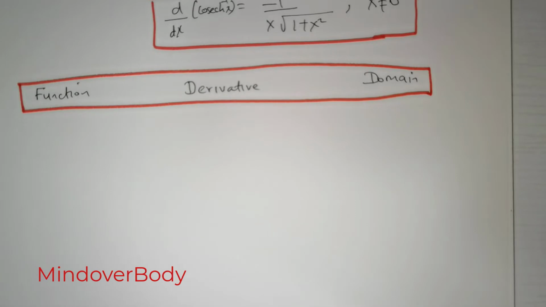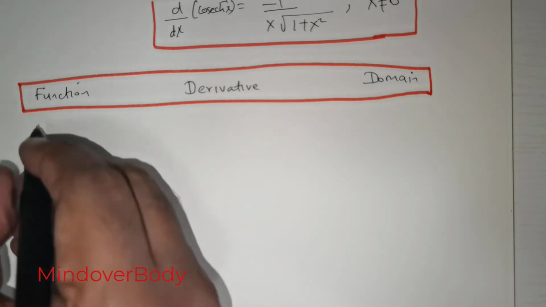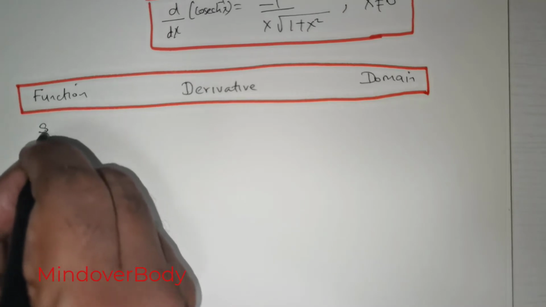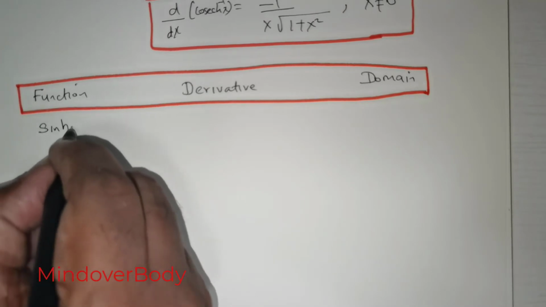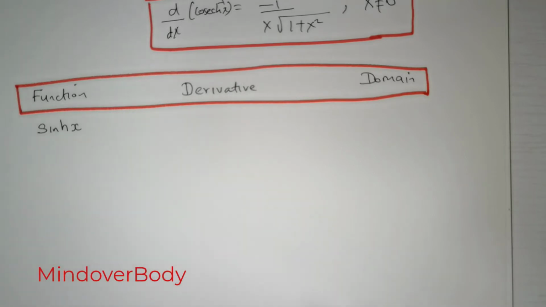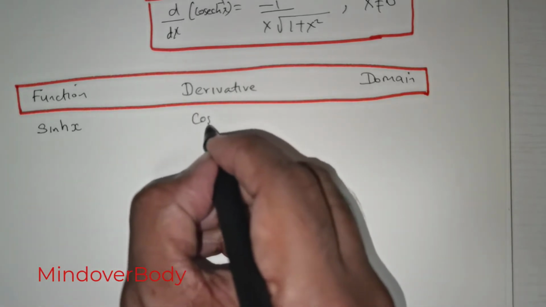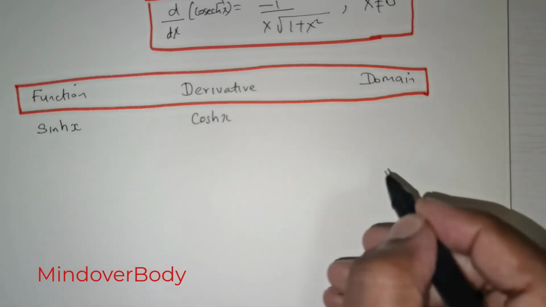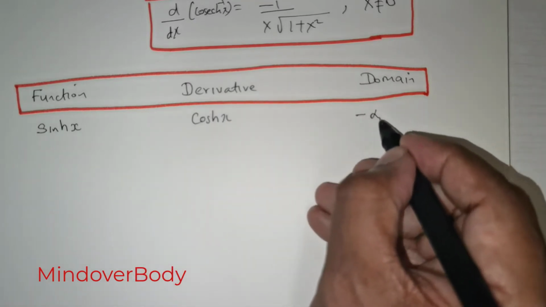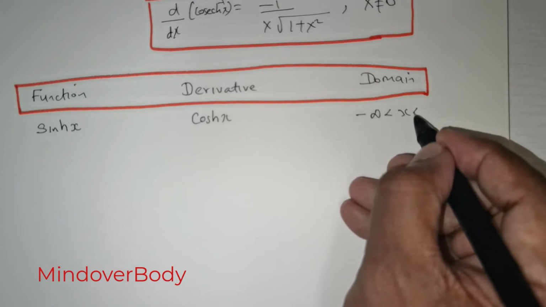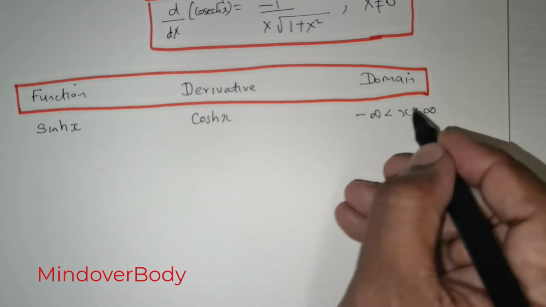So having got that tabulated, let's start. The first function is sinh, or hyperbolic sine. The derivative of sinh x is cosh x, and the domain where it is valid is negative infinity less than x less than positive infinity.